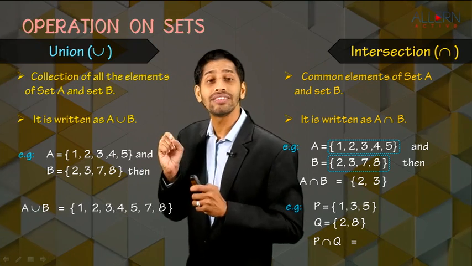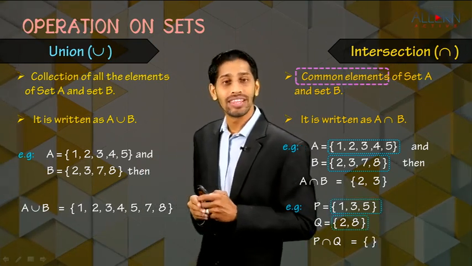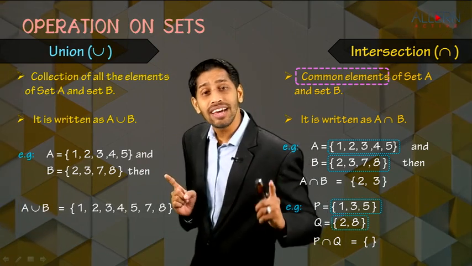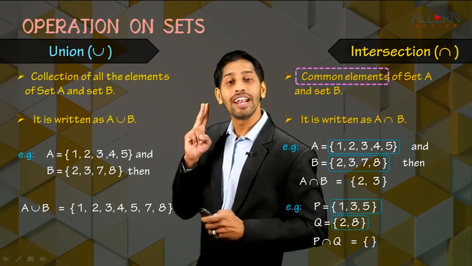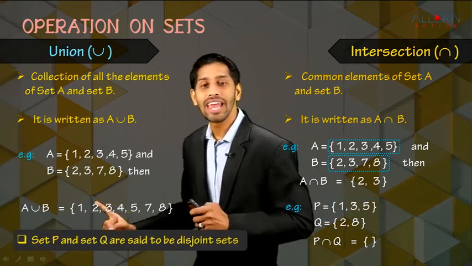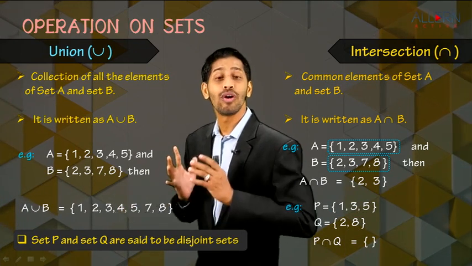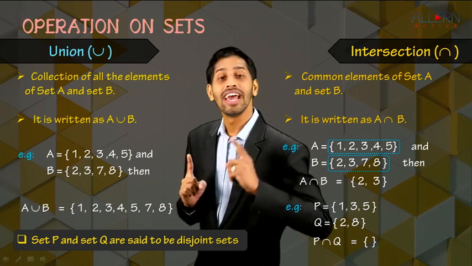That means it is an empty set. And remember one thing: whenever the intersection of two sets is an empty set, those two sets are called disjoint sets. So we write P and Q, that is set P and set Q, are called disjoint sets because their intersection is an empty set.